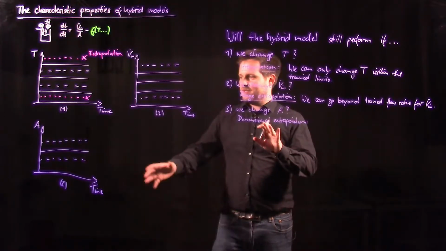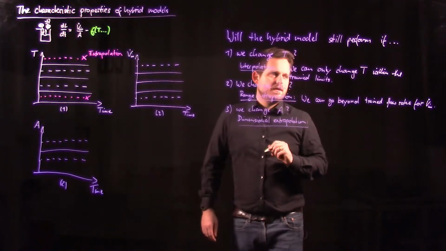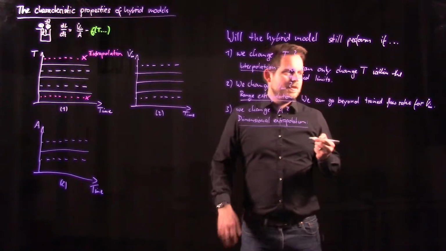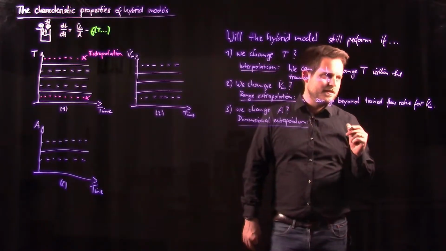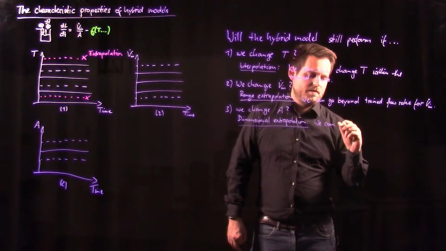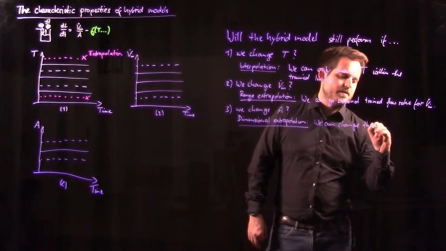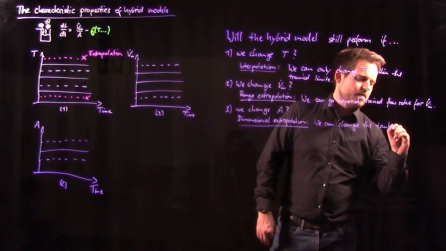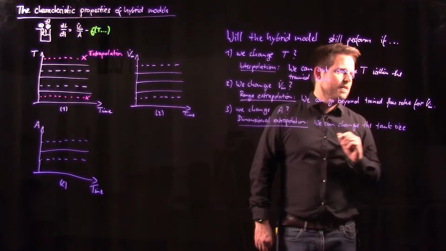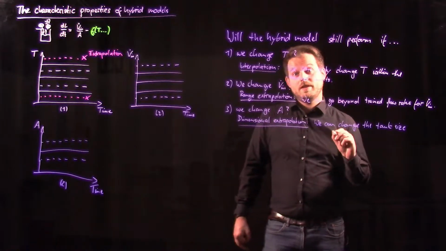So this is then called a dimensional extrapolation. And basically what we can say is we can change the tank size and the model is still valid.